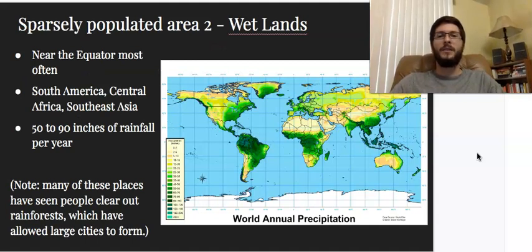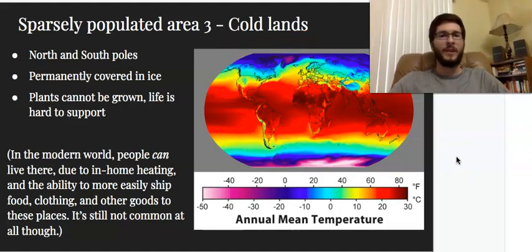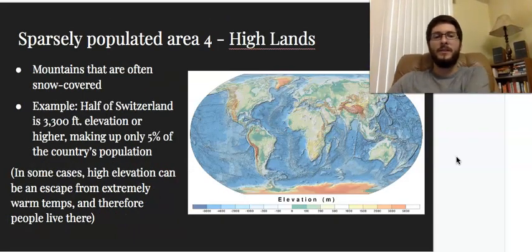Typically, they're not living in areas that have too much water. We're not living in areas that are too cold to sustain life, right? The Arctic regions, the polar regions of the world. You can't grow crops there very well. You can't really sustain life when it's too cold. And then lastly is highlands. People aren't really living in mountainous areas at the same rates that they live in lowland areas.